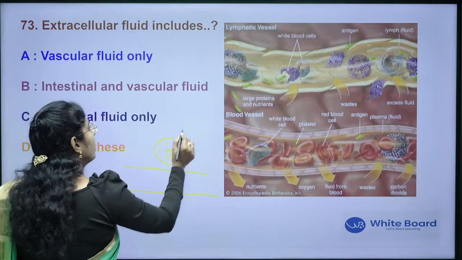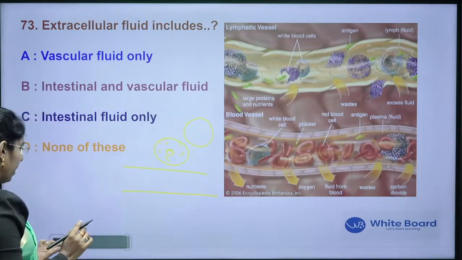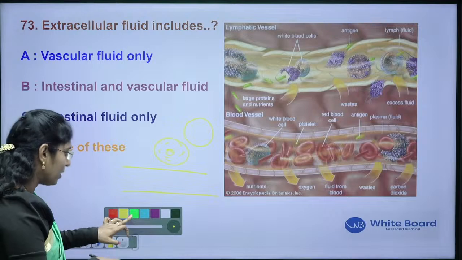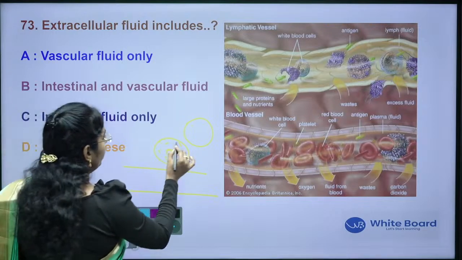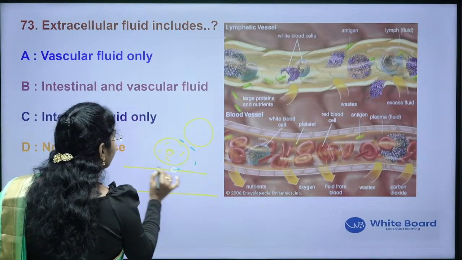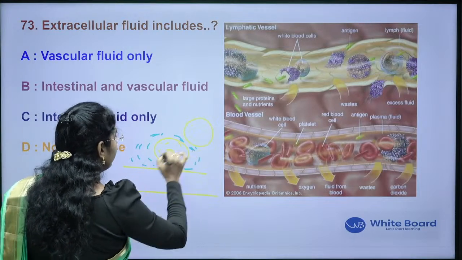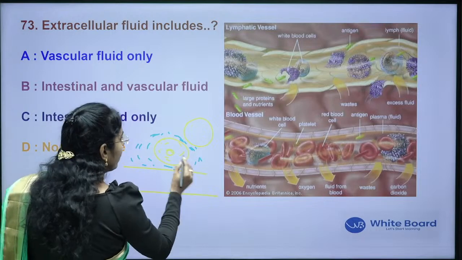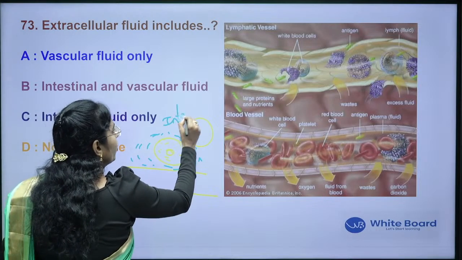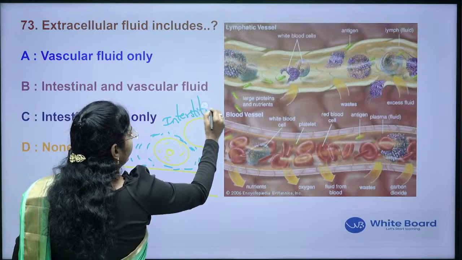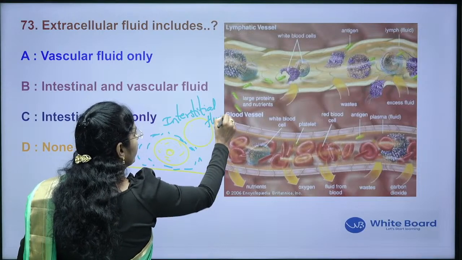And the fluid which is present between the cells is known as interstitial fluid. Means in between these two cells is known as interstitial fluid. Okay.